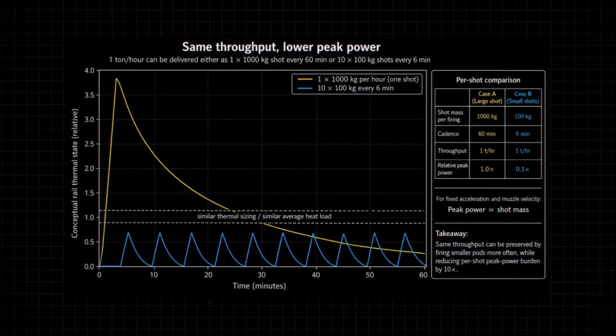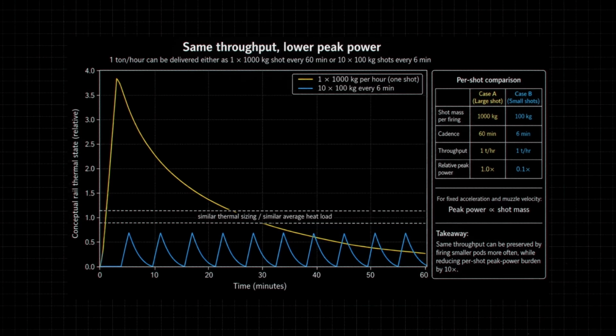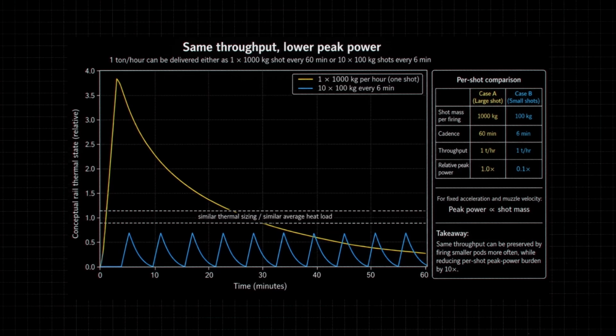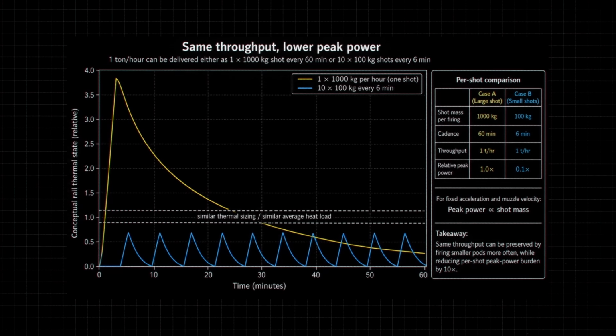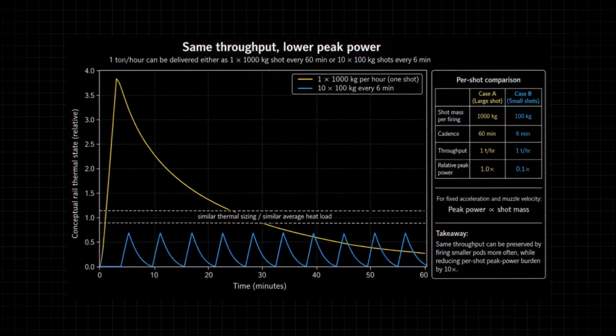If we size our mass driver for throughput, and let's say for an output of 1 ton per hour, we could fire a single 1 ton pod once per hour, or we could accomplish the same economics by firing 10 100 kilogram pods in an hour, and the thermal profile, and therefore materials required to build the mass driver, remains the same size, but the advantage of firing a 100 kilogram pod once every 6 minutes is that each launch has 1/10 the peak power demand, so our power electronics can be made more easily. That is the big takeaway.